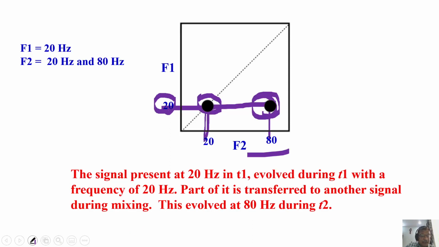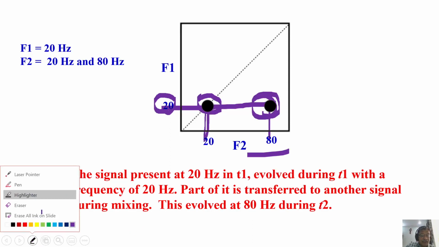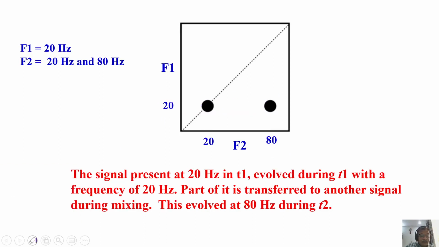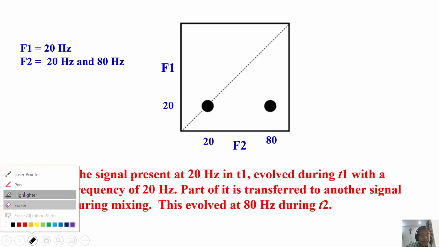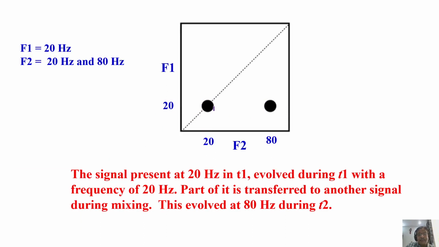That means, what do you understand from this? This spin is retaining its own frequency in both the dimensions, giving a diagonal peak, and also it is giving a cross peak for the spin which is coupled to it through scalar coupling.